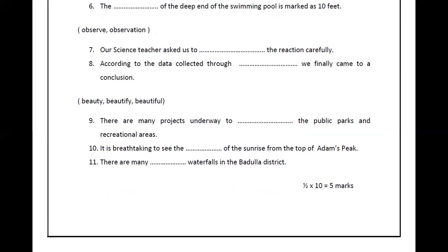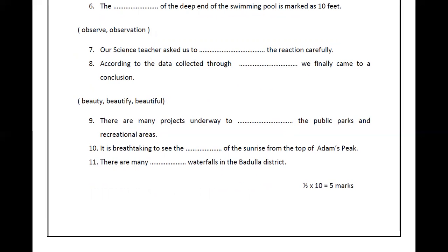There are many projects underway to blank the public parks and recreational areas. There are many projects underway to do what? There should be a verb there. To do what? The public parks and recreational areas. The next sentence. It is breathtaking to see the blank of the sunrise from the top of Adam's Peak. What of the sunrise?